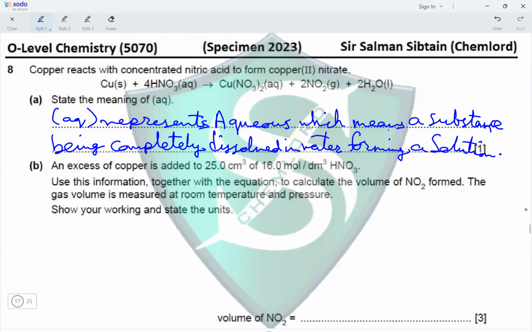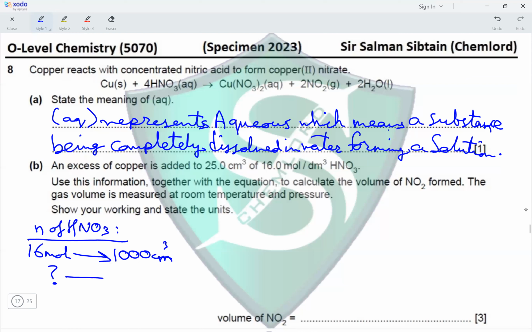Okay. So first of all, we will find out the number of moles of nitric acid that are reacting. So the concentration of nitric acid given to us is 16 mole per dm cube, which means we have 16 moles present in 1000 cm cube of nitric acid, of which we are only using 25 cm cube.